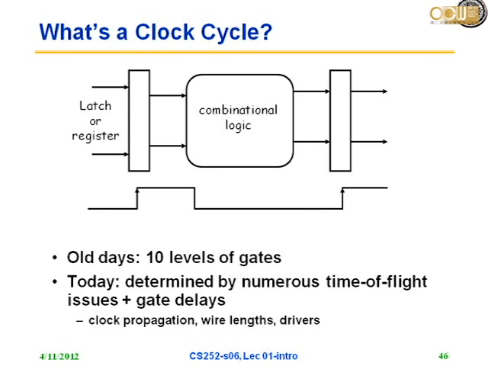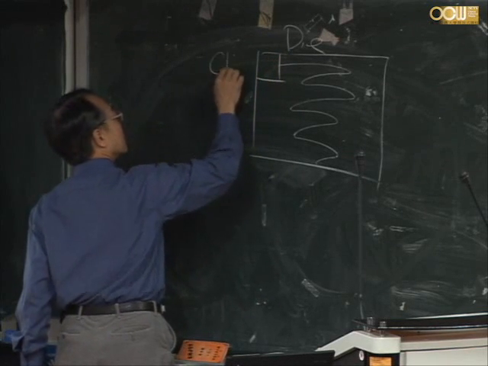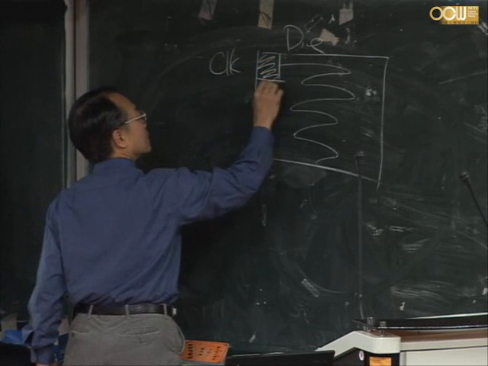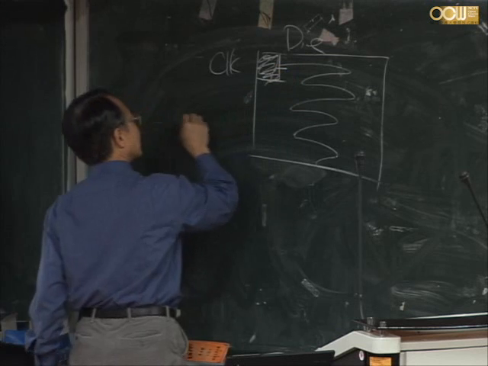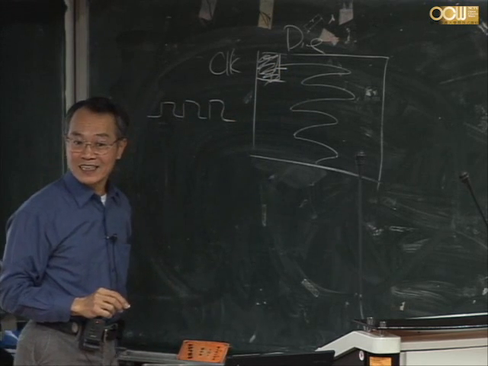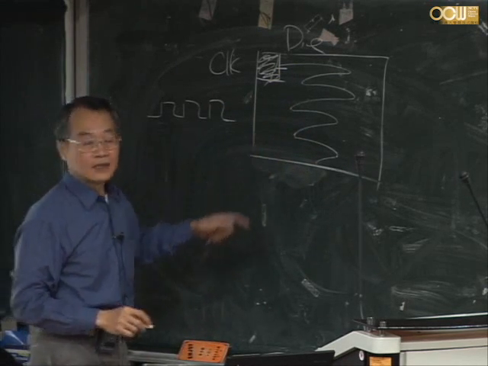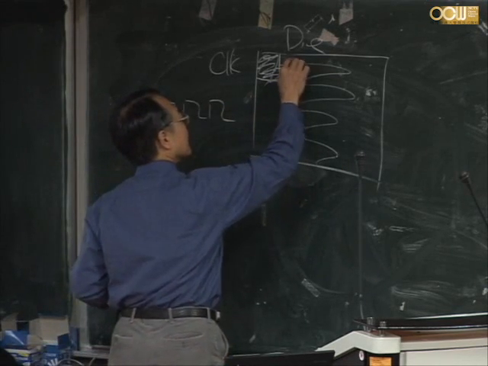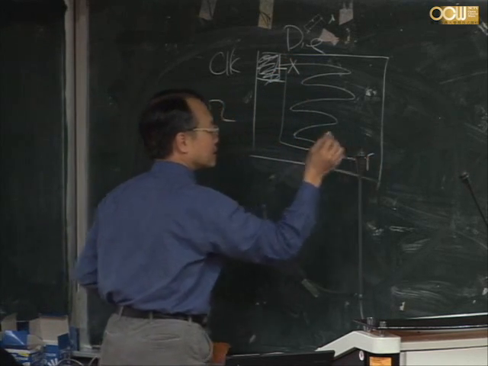Suppose I have a big die with circuits on it, right? I have a clock generator. This circuit generates the clock signal. Okay, this clock signal will have to be sent to everywhere on the die. So it's sent to here and here.